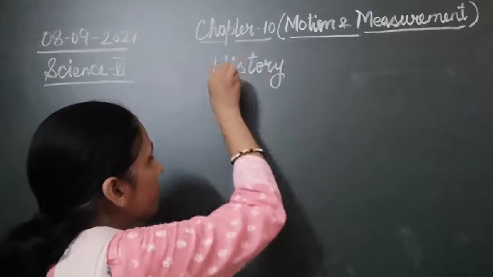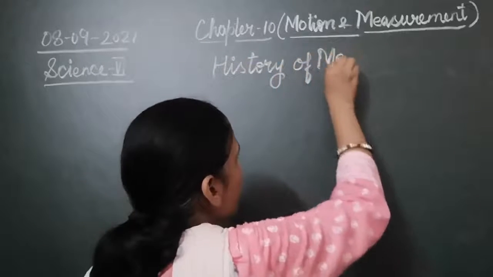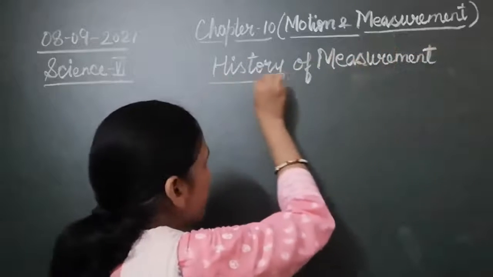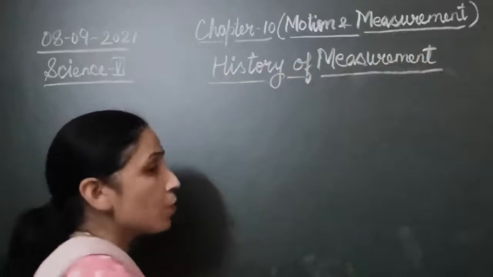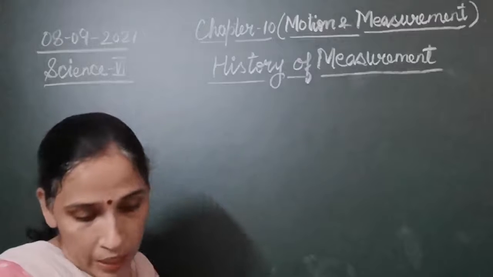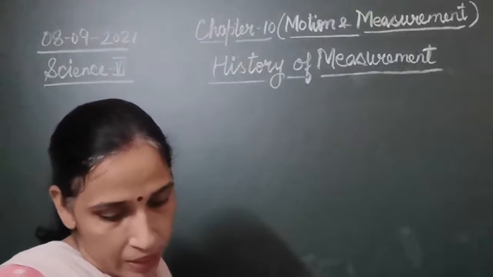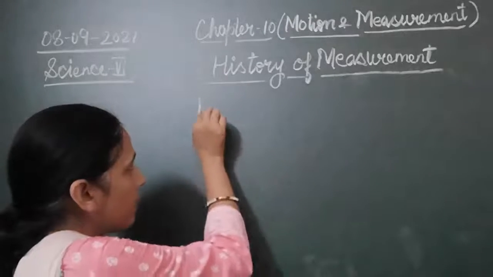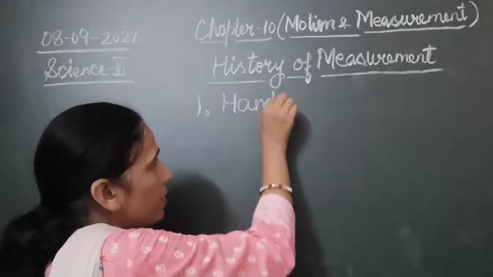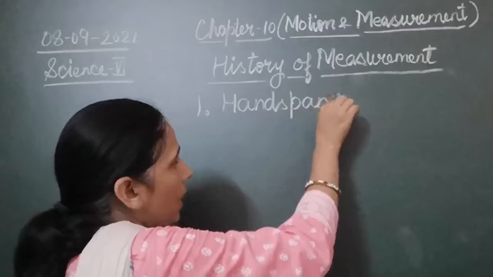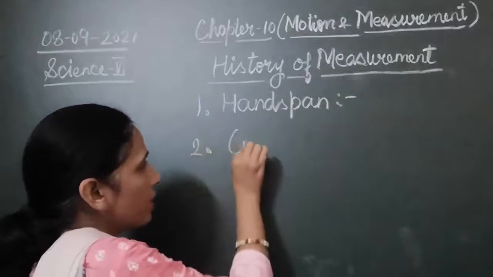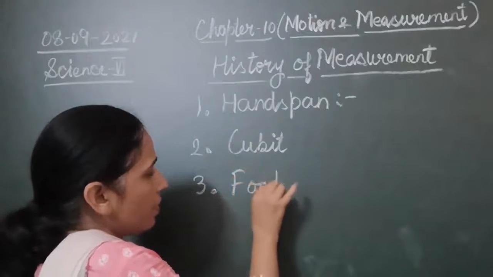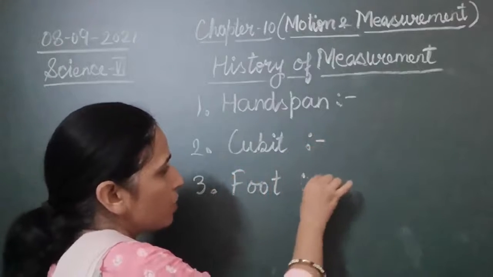In earlier times they would use the handspan, foot or arm length, that is the cubit, to measure length.